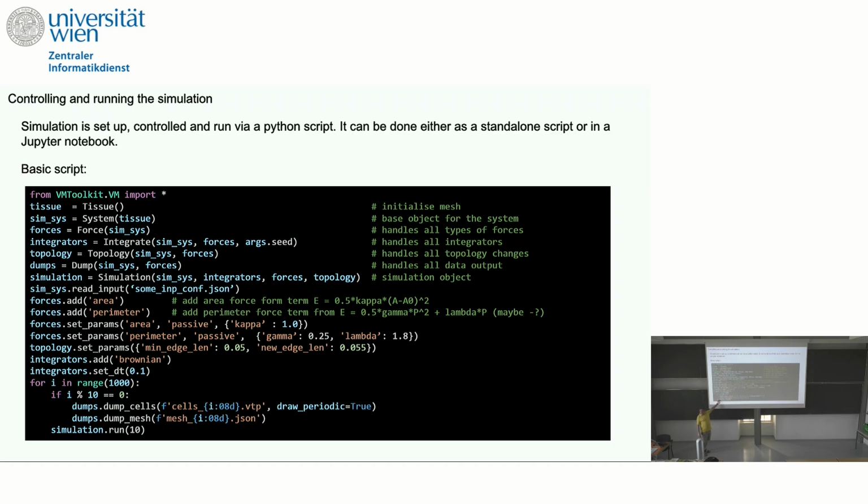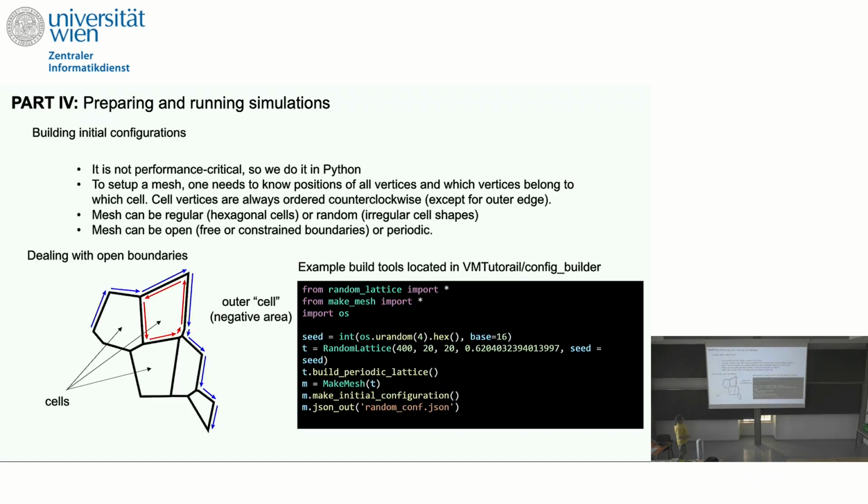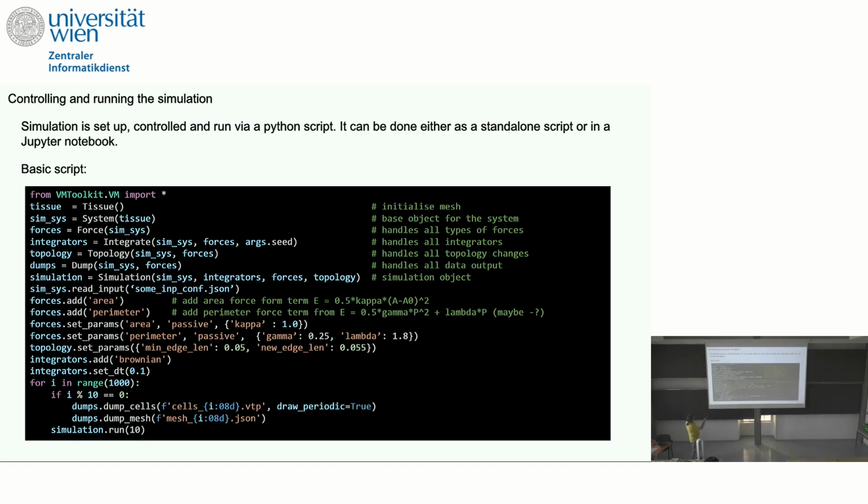As a user, you only see this. You only want to see the C++ part if you want to change it or add stuff. Normally this code would be cleaner, but I condensed it so I can put it on a single frame.